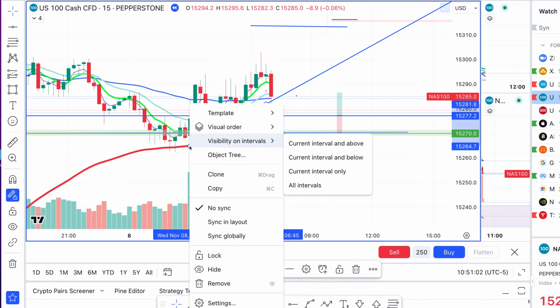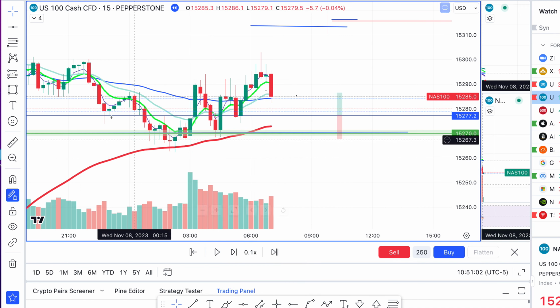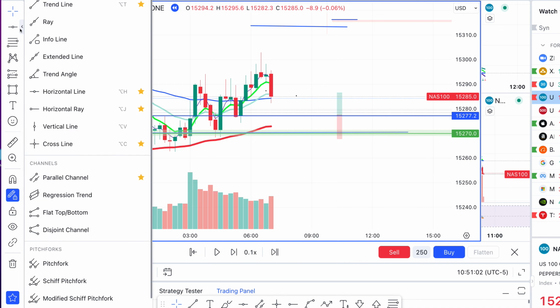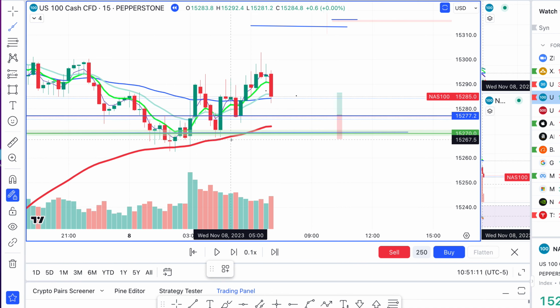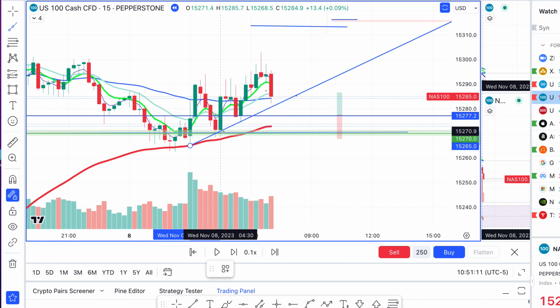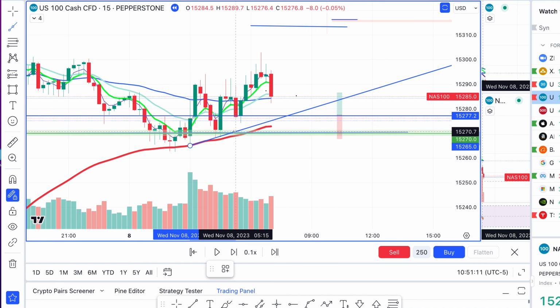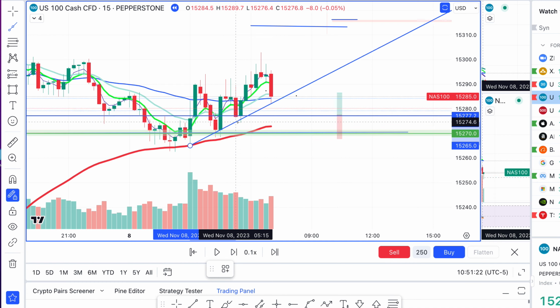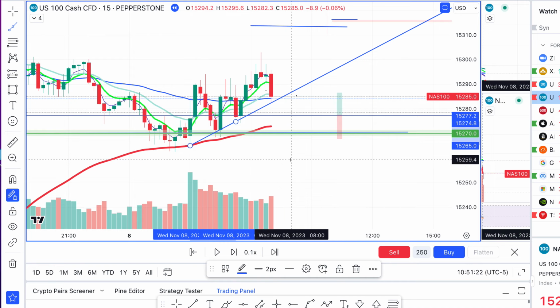If I was just going to use the first two for my trend line, it really wouldn't work too well because the other two wouldn't be in there. So I'd like to get all of them in there. I'd like to use the line that has as many touches as possible. So I think that's about where I put it right there.